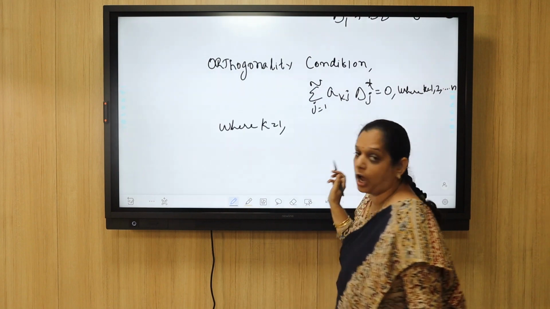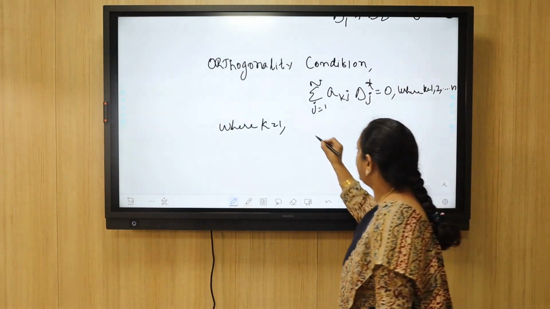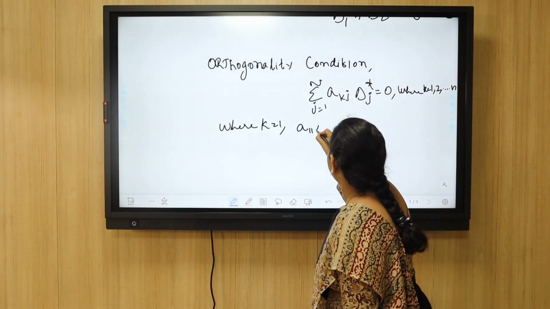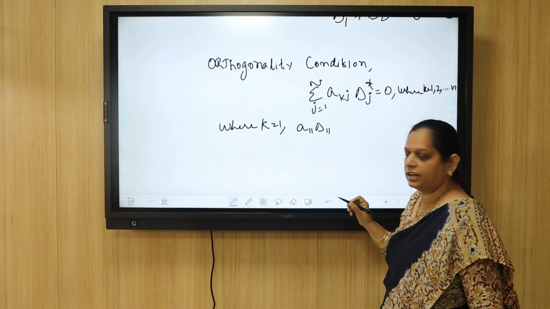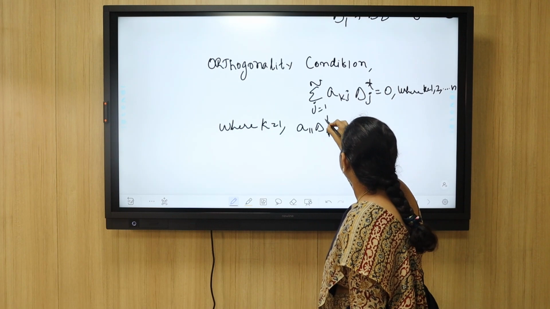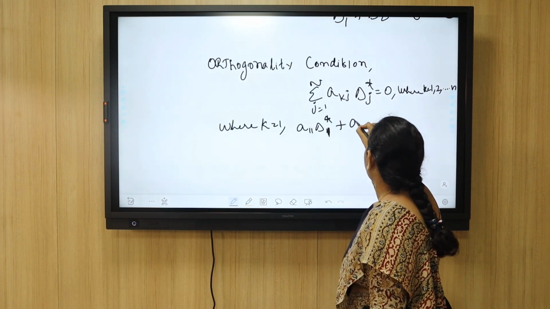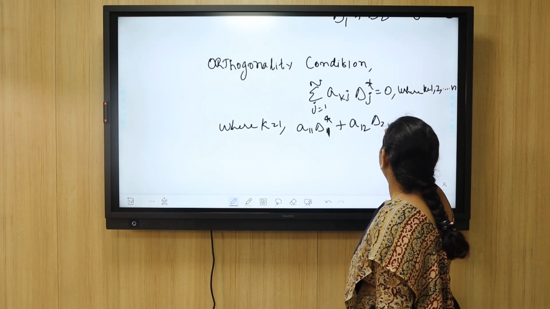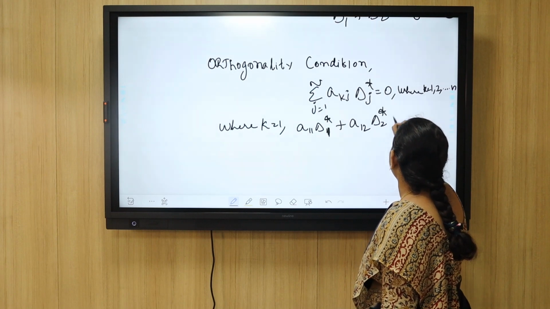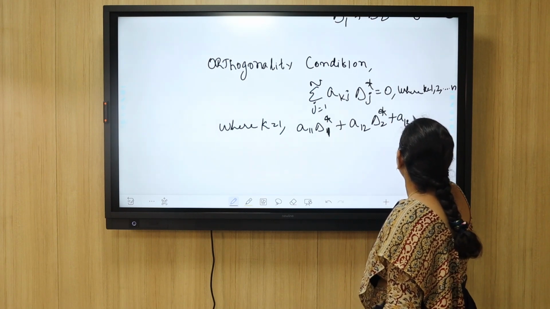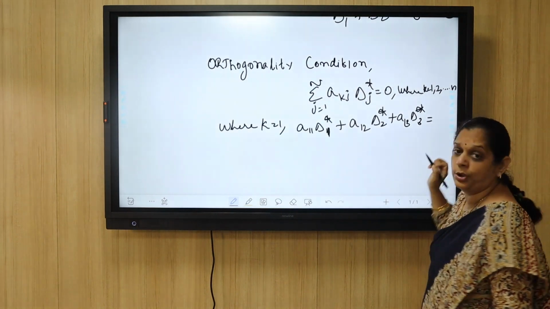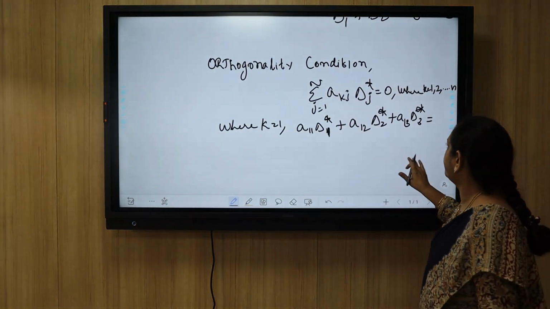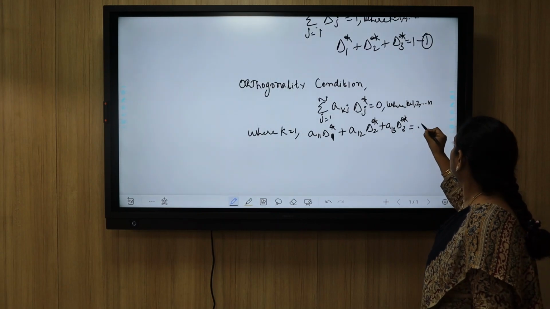When k equal to 1, how will the equation come? Because we have a 1,1 delta 1 star plus a 1,2 delta 2 star plus a 1,3 delta 3 star, which is equal to 0.